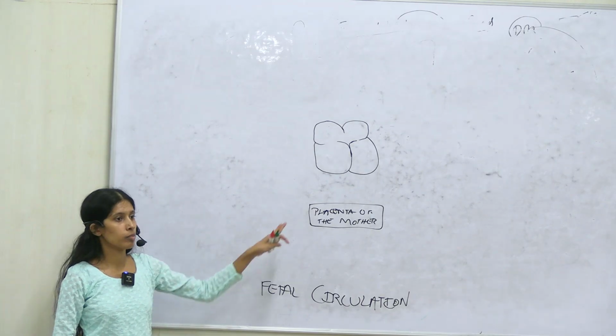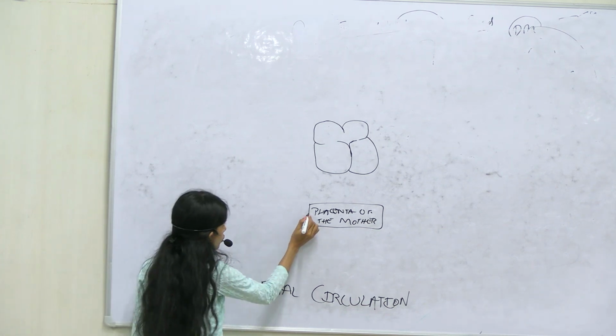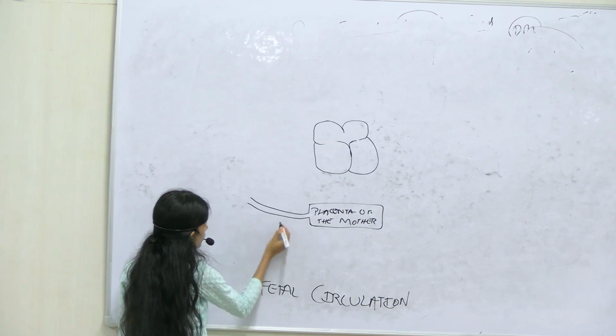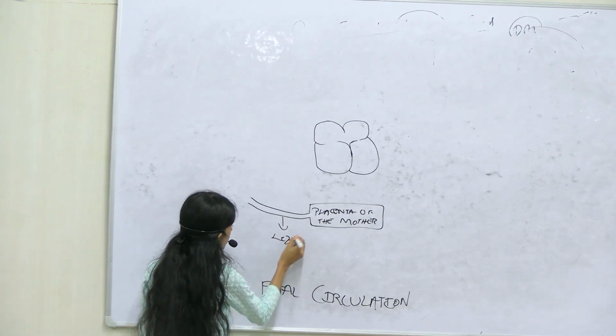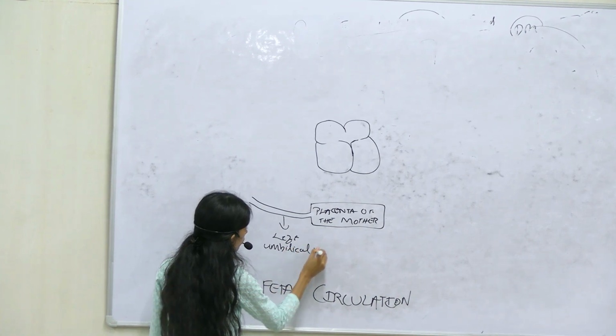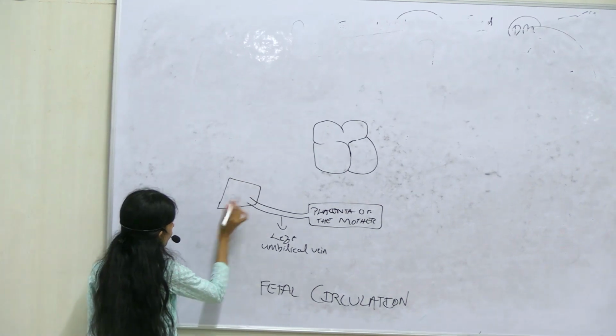So, the purified blood from the placenta of mother first passes through your left umbilical vein. This is the left umbilical vein. It enters which part?